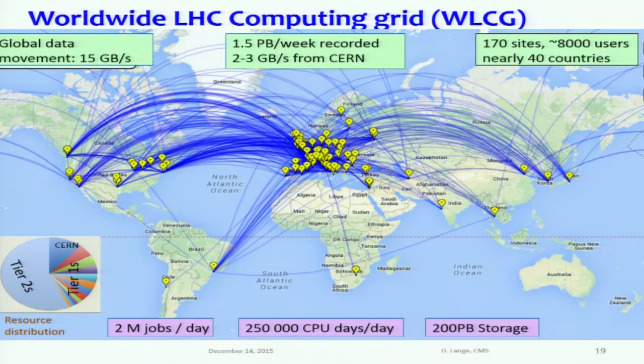Essentially, there's one per large country, and then a few others geographically located, and those are the big sites. Then there are lots of smaller sites called tier 2s, which were designed to work closely with one of the tier 1s.